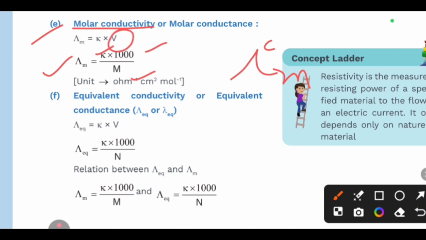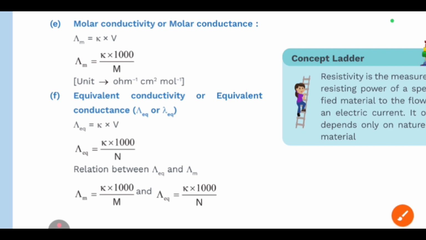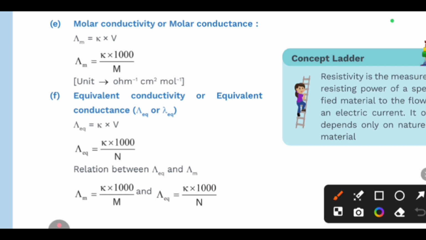Actually it is K into V, and V is equal to 1000 by M, the volume that contains 1 gram equivalent. So molar conductivity is equal to K into 1000 by M.